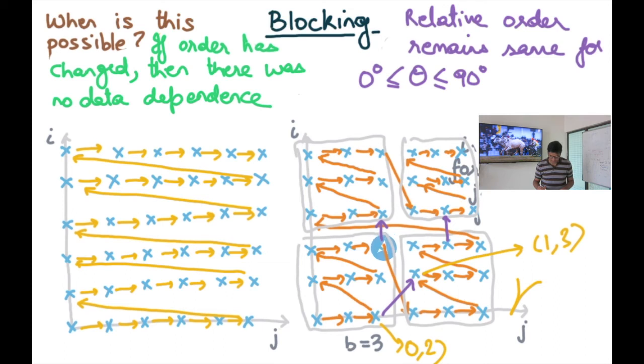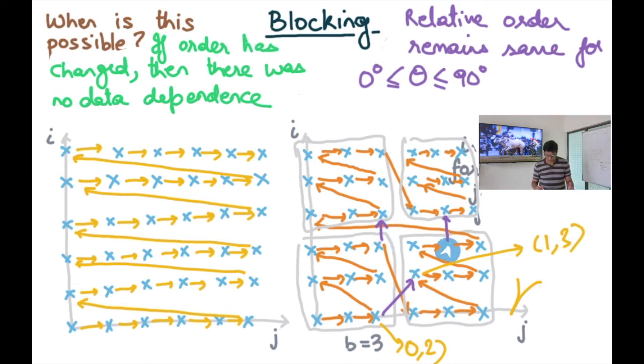So let's say this was a right angle. So from 2,2, this corner of the first block, to this corner of the third block, which is 3,2. So 2,2 to 3,2. This is a 90-degree edge, and even for these two points, 2,2 and 3,2, their relative order remains the same, which is 2,2 executes before 3,2.